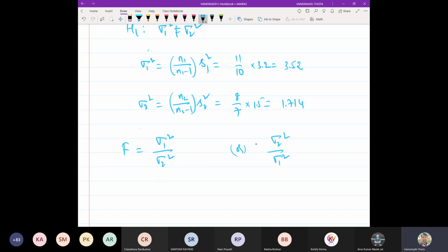Which one we should take? The order should be taken so that the value of F is bigger than 1. That should be considered here.